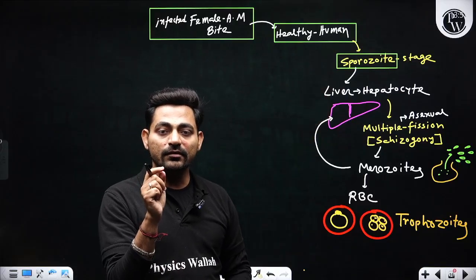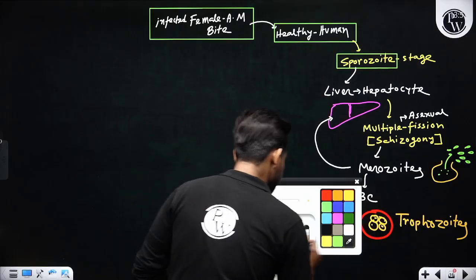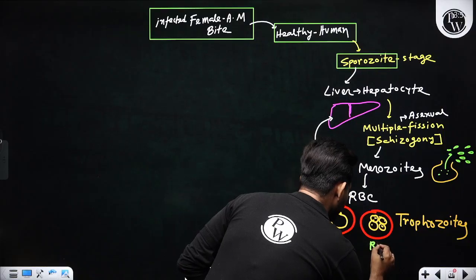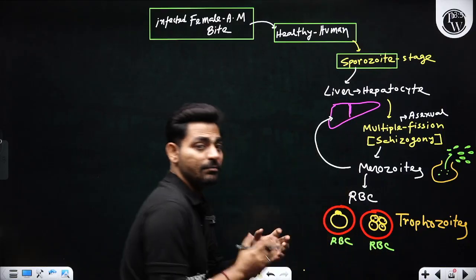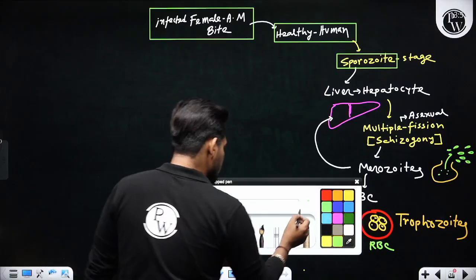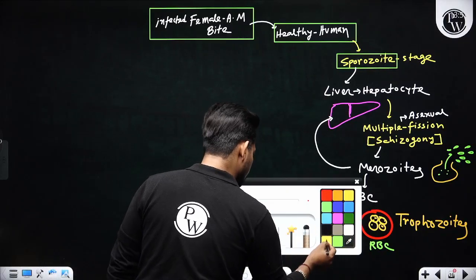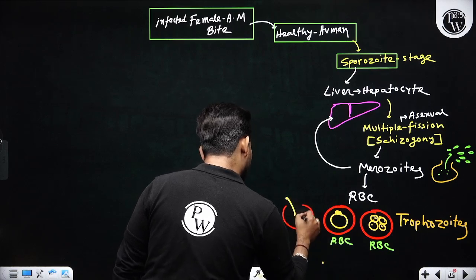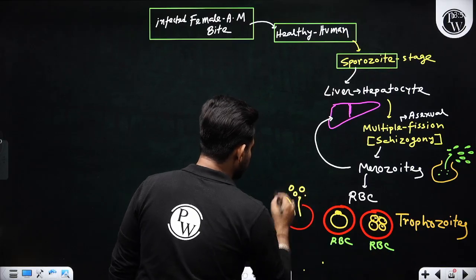Now, if you are opting for diagnosis, you have to look for trophozoite inside this RBC. They will feed upon the hemoglobin inside the RBC. Now, when they burst this RBC and come out, again we will be calling them merozoites.